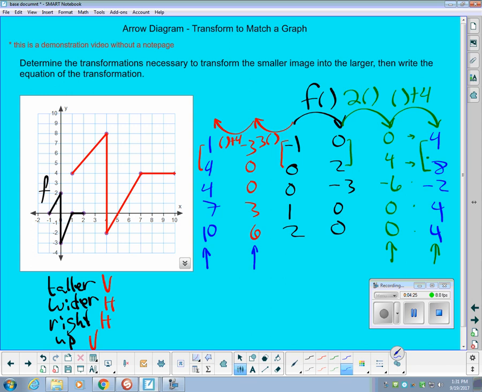I could list exactly what these are. This taller is actually a vertical stretch by 2. The wider is a horizontal stretch by 3.